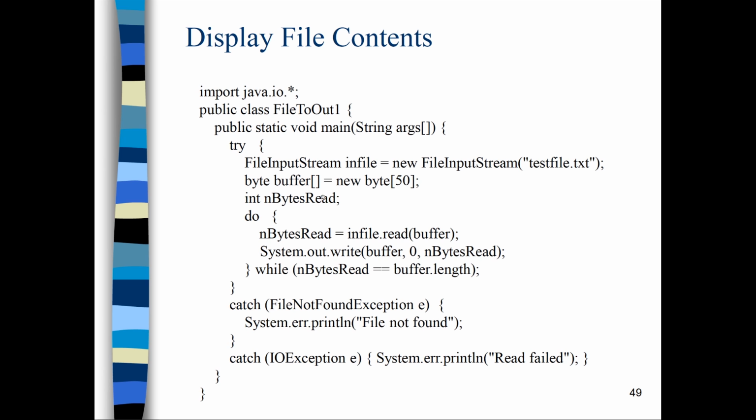We create a buffer, and inside that we store the data, because whatever data is coming from the file will be in the form of a byte stream. We read that byte, store it into our buffer, use System.out.write, and ultimately print that buffer, whatever is read from the file. If the read fails, if the file is not present or some kind of exception occurs, we print that error. So this is just a short code defining how files are read.